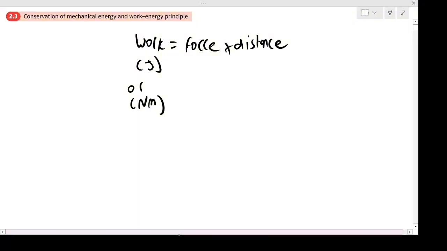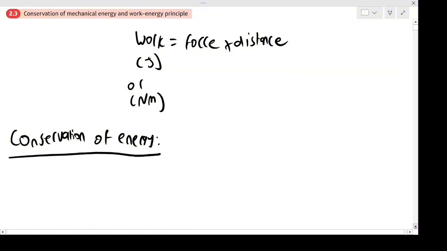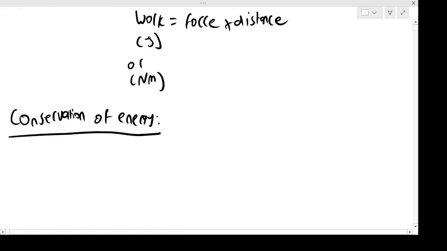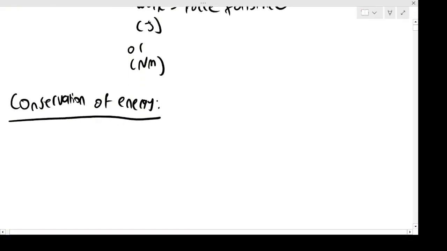Okay, so firstly, we're going to look at conservation of energy, and this kind of does what it says on the tin, really, and it's quite similar to conservation of momentum. So the idea is when an object moves forward, it's traveling, right?